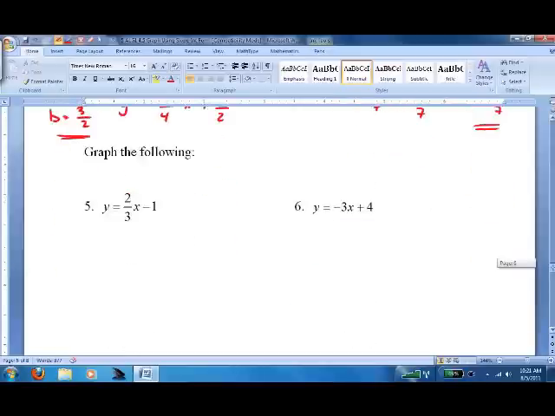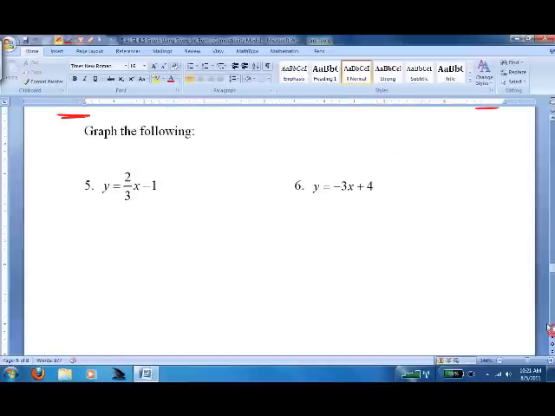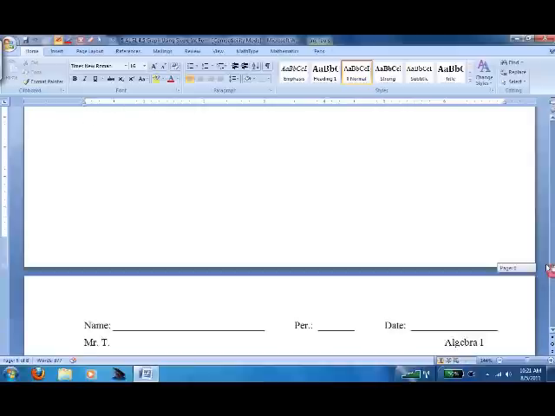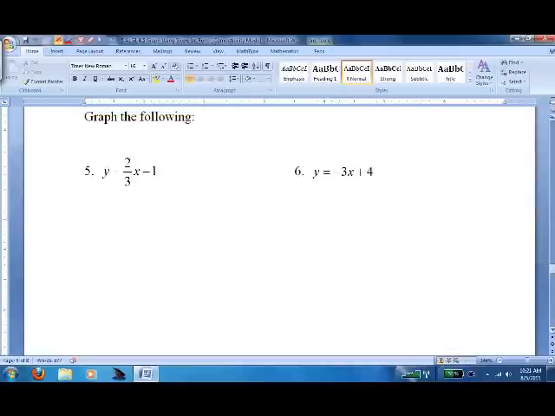And that's it. Now we actually get to graph them. They're already set up for us. So let's make our coordinate systems. And some people say it's a lot easier to use graph paper. I would agree, except we don't always have graph paper handy.